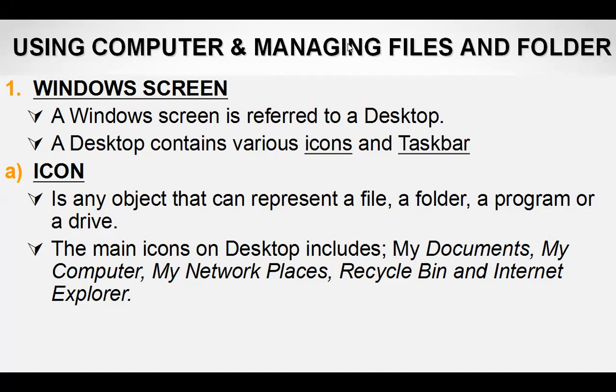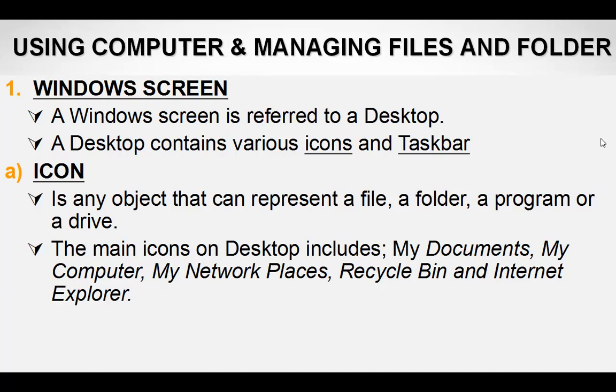The main icons you can see on our desktops are My Documents, My Computer, My Network Places, the Recycle Bin, and Internet Explorer. So this is briefly about the icons in our computer.